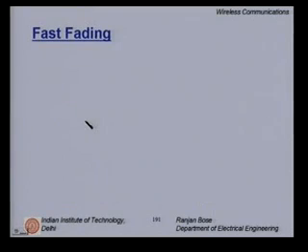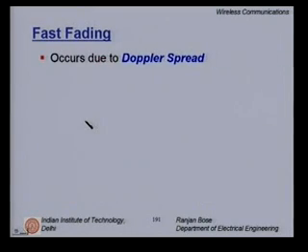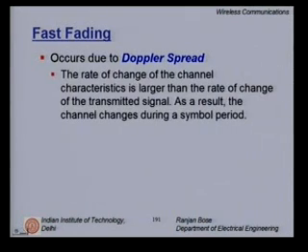Fine. So, let us talk a little bit more about the fast fading scenario. Fast fading occurs due to Doppler spread. The rate of change of the channel characteristics is larger than the rate of change of the transmitted signal.